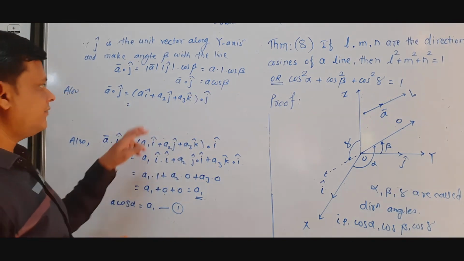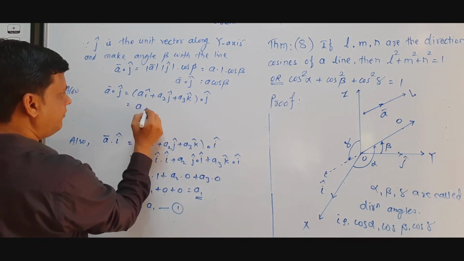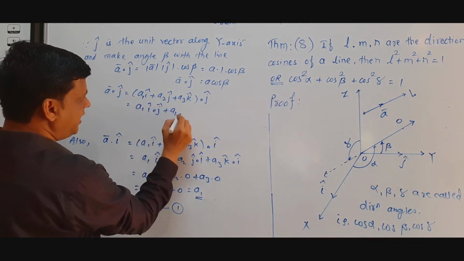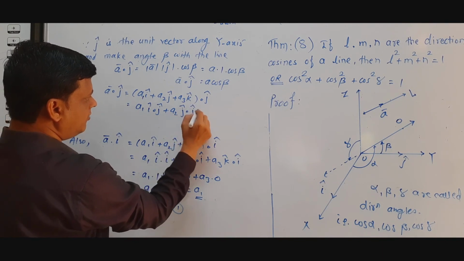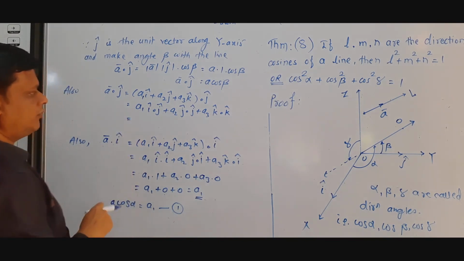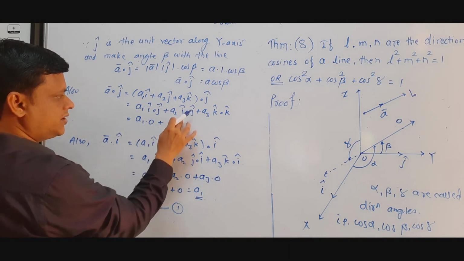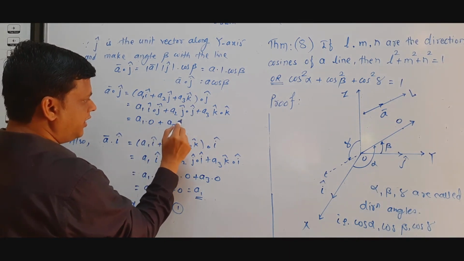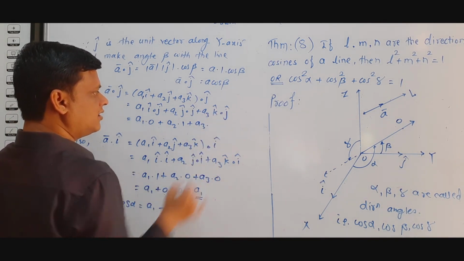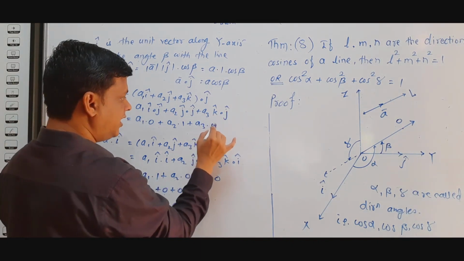Now multiply unit vector J with each term, we get A1 I dot J plus A2 J dot J plus A3 K dot J. Now I dot J is 0, so we write A1 into 0, J dot J is 1, so we write A2 into 1, plus A3 into K dot J, which is 0, so A3 into 0.